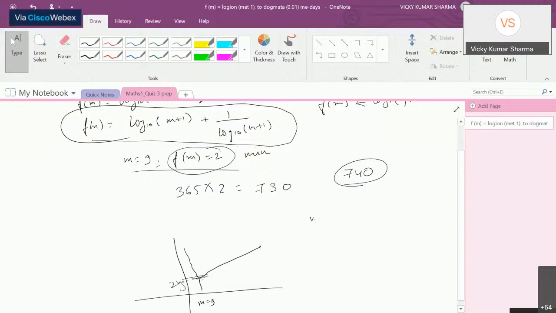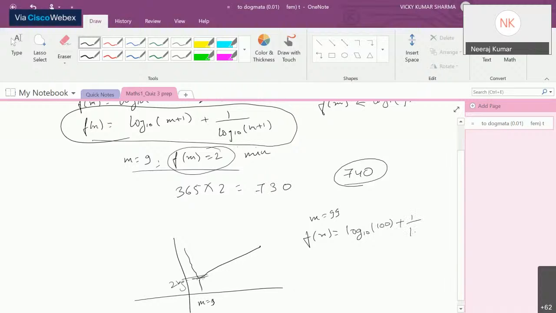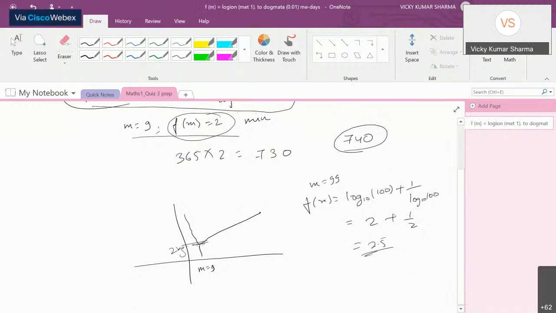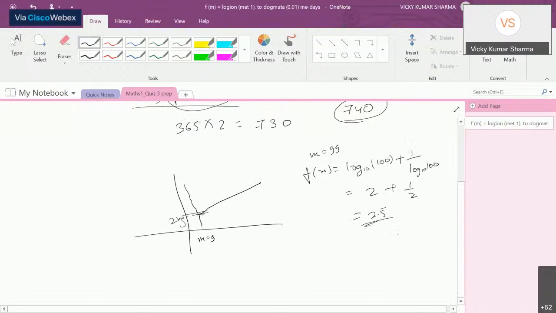When you take m equal to 99, on the 99th day, what will be the f(m) value? 1/10 log 100 plus 10 log 100... this will give you 2 plus 1/2, which is 2.5. And this is an increasing function, so thereafter the values are going to be increasing only, isn't it?